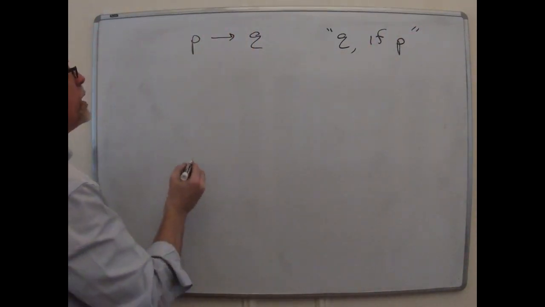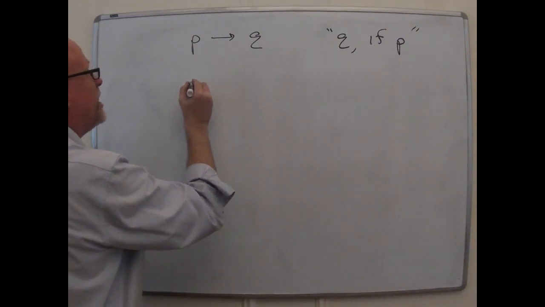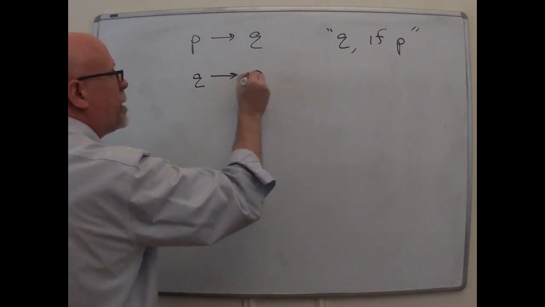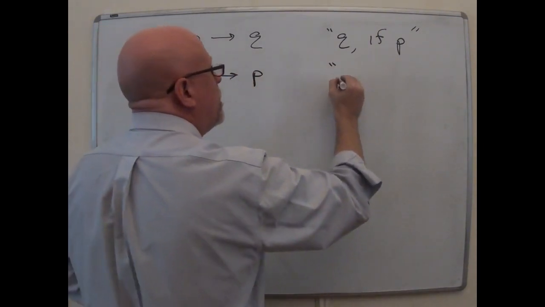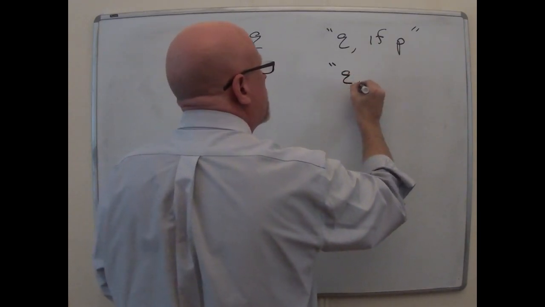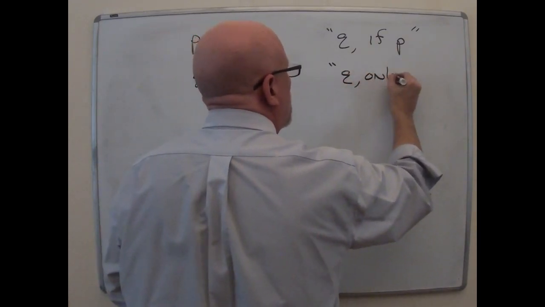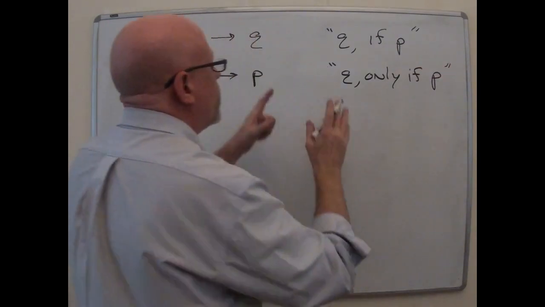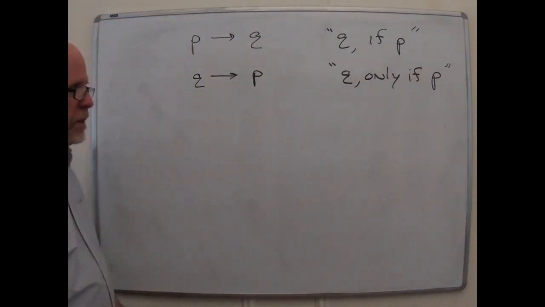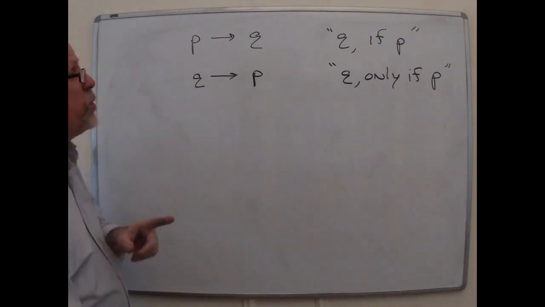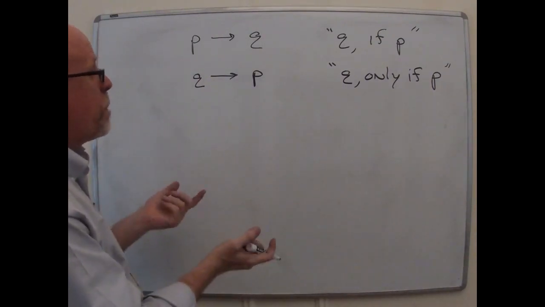Well, there's a way to phrase the converse, Q implies P. That's very similar, and it is Q only if P. Now, I don't want to really get into only ifs because I find them confusing myself, and it's rare that people use them. But what people do use is putting these two things together.